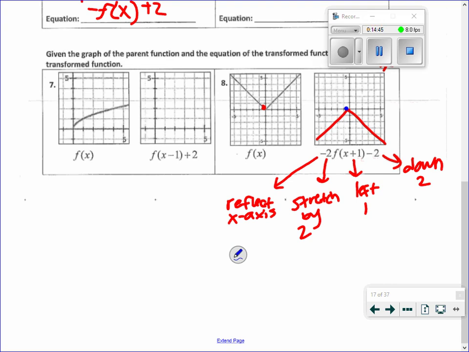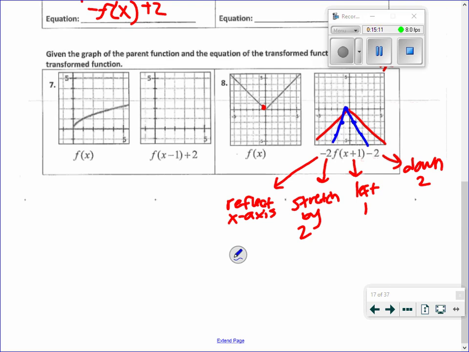To get that stretch of 2, instead of going down 1, it's like your slope: you're going to go down 2, and then over, left and right, 1. If I keep going down 2 and then over, left and right, 1, that's our second step there.